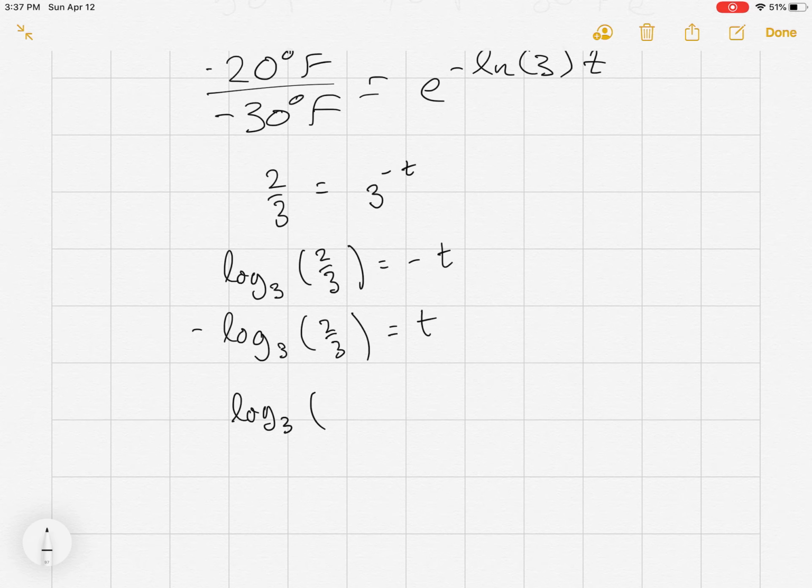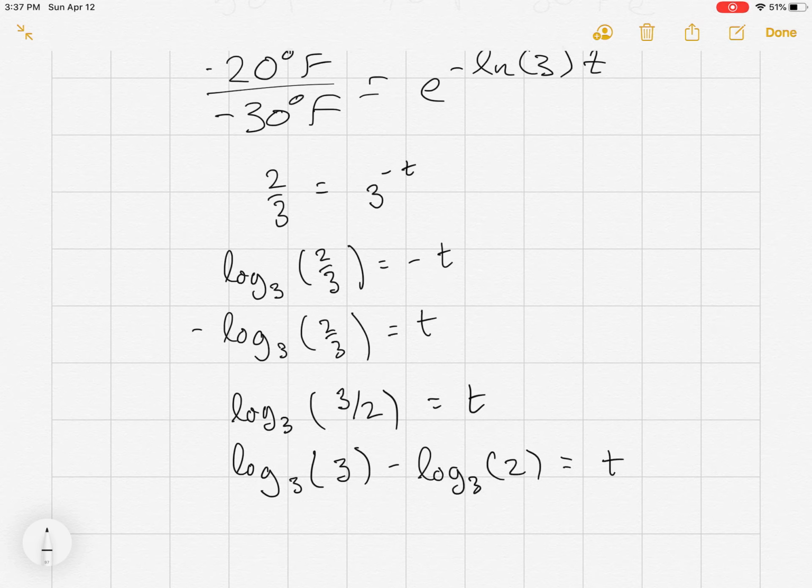That's going to be equal to t. And then we can also do one more step here, right? Because since we have division on the inside, we can break that up into log base 3 of 3 minus log base 3 of 2, and log base 3 of 3 is just going to be 1, so we get 1 minus the log base 3 of 2 is going to equal our time, all right?